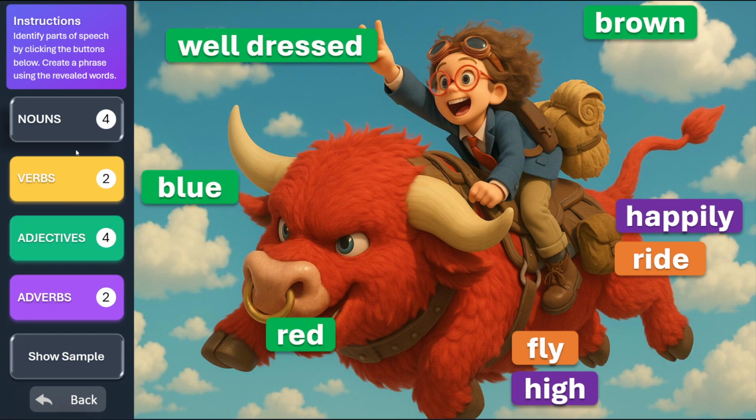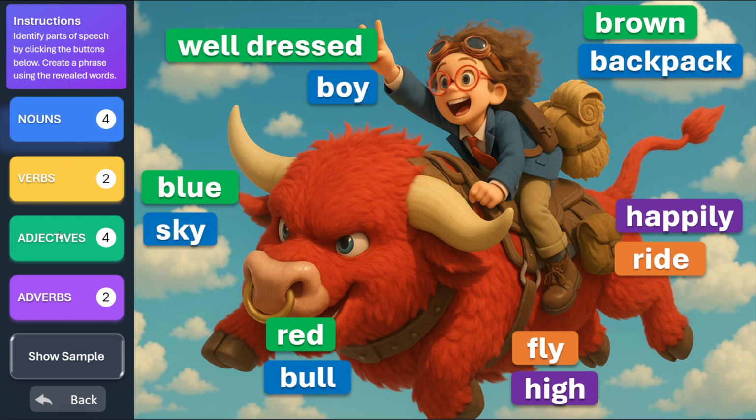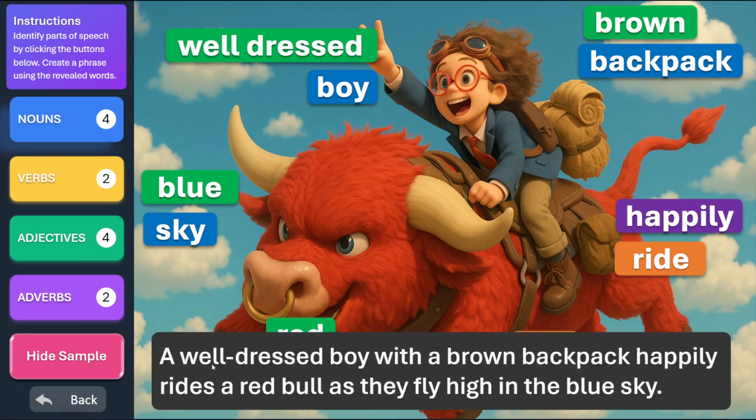So we have now the nouns, the adjectives that describe those nouns, the verbs, and the adverbs that describe those verbs. We put it all together. A well-dressed boy with a brown backpack happily rides a red bull as they fly high in the blue sky.